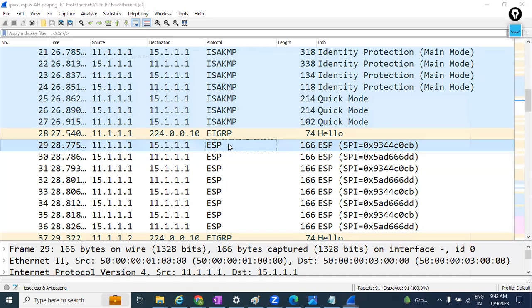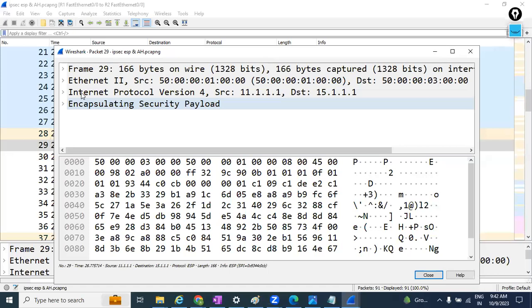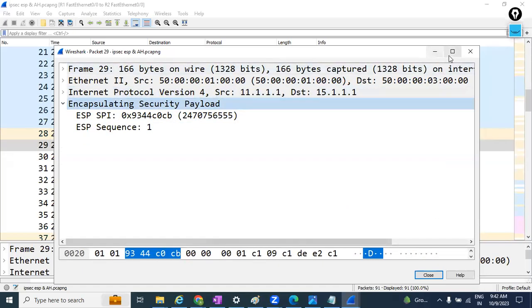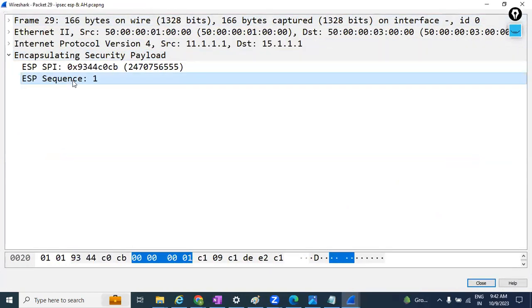If you open this message, there is IP, and after that ESP encrypted. Even with the help of this packet, you won't be able to identify whether this is telnet, ping, or HTTP. No idea. But this is the first packet. So this is the reason the ESP sequence number is 1.